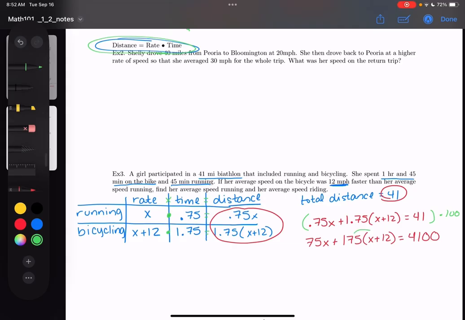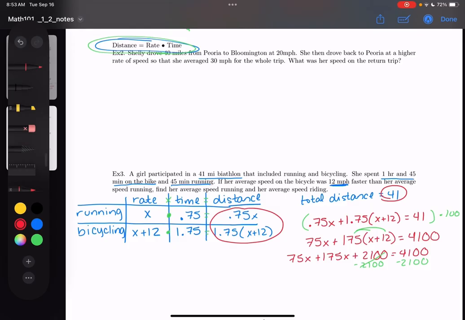So now I'm going to go ahead and distribute here. So this gives me 75x plus 175x plus, and 175 times 12 is 2100. Put all my like terms together, so I'm going to subtract 2100 from both sides.